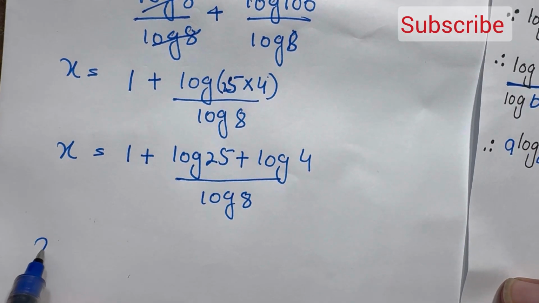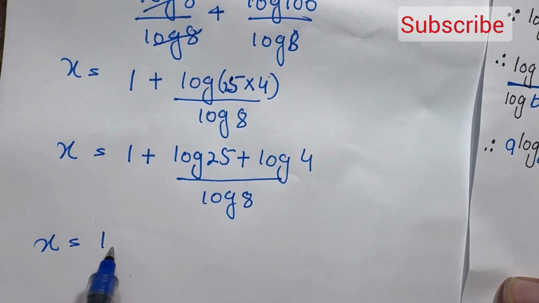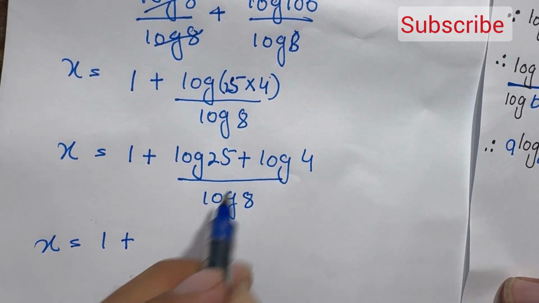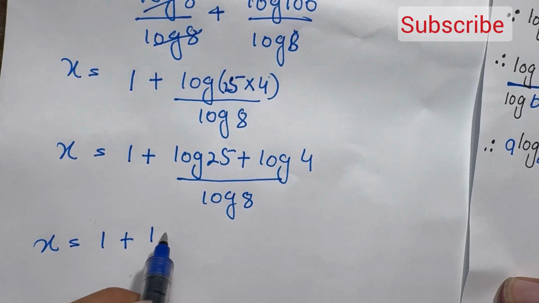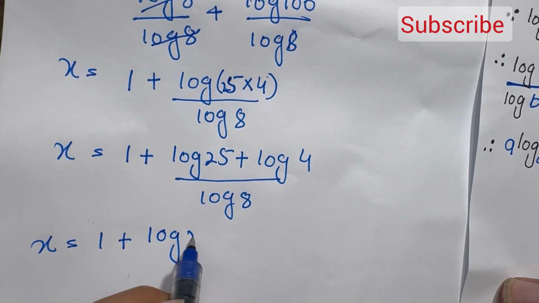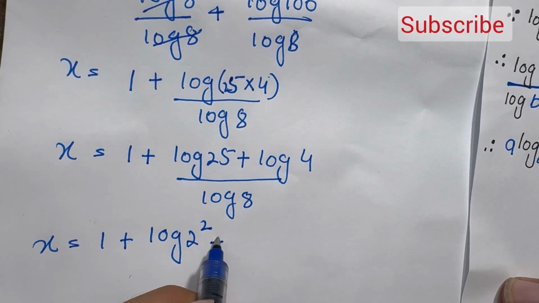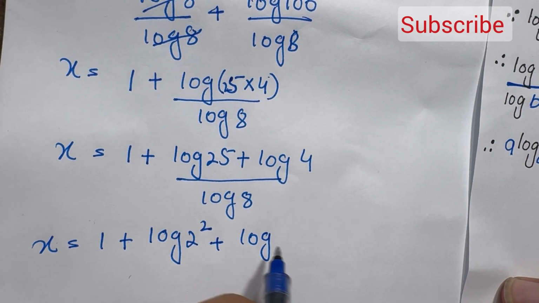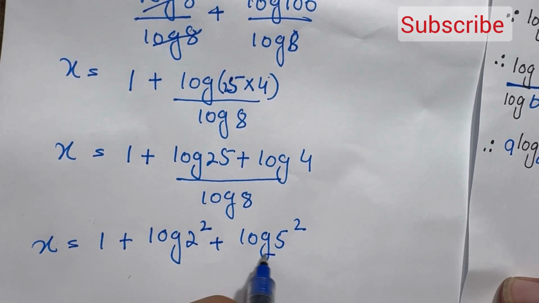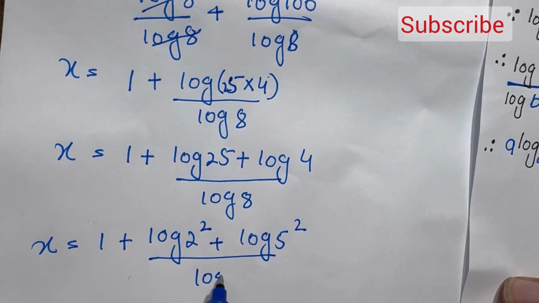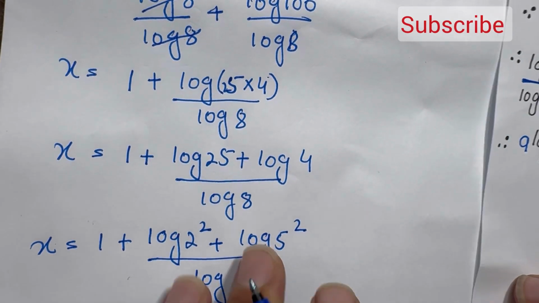This will become x equal to 1 plus, I can write log 4 as 2 power 2, plus log 25 as 5 power 2, whole divided by log 2 power 3.